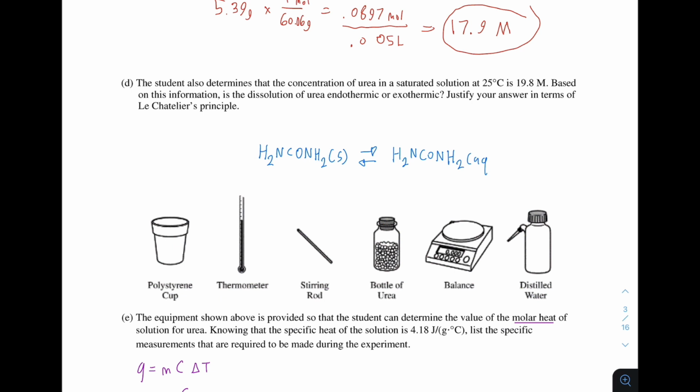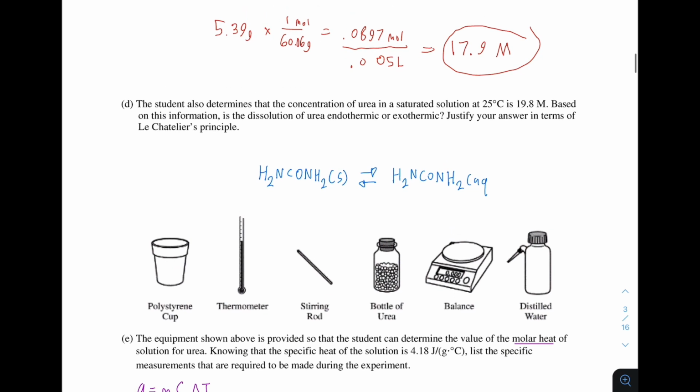So what we have to realize is that when we add heat to this side, the equilibrium shifts this way and the concentration of urea in the saturated solution goes up. That makes sense because we're not having an increased concentration at a decreased heat.